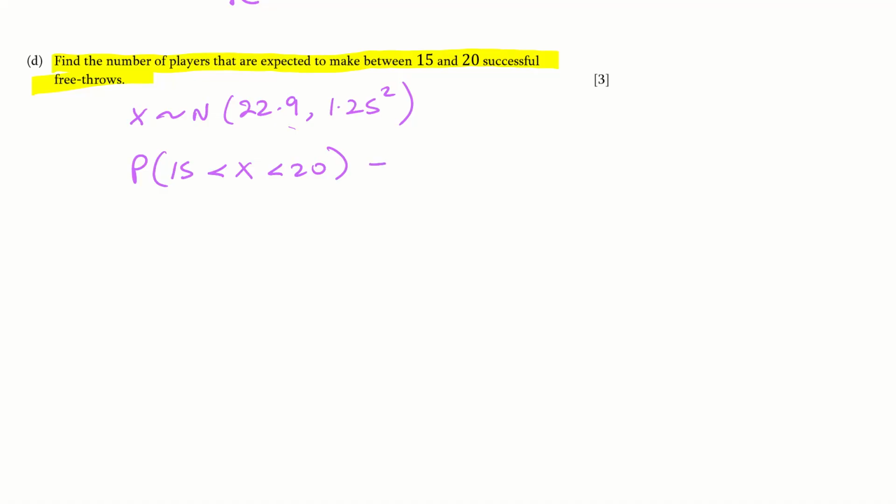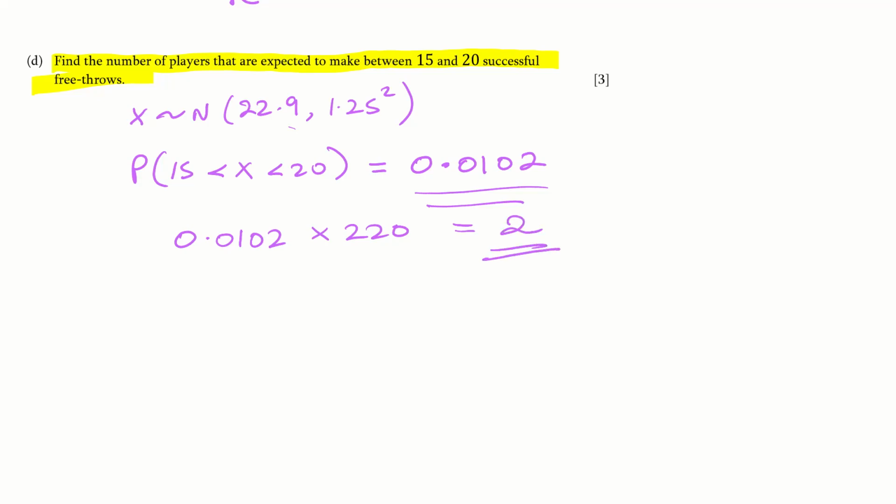And so that's just calculator work again. I won't bother going through it. 0.0102. And then that's the probability, but we know there are 220 players. So 0.0102 times 220. And that gives us 2 with a bit of rounding. Has to be a whole number of players.